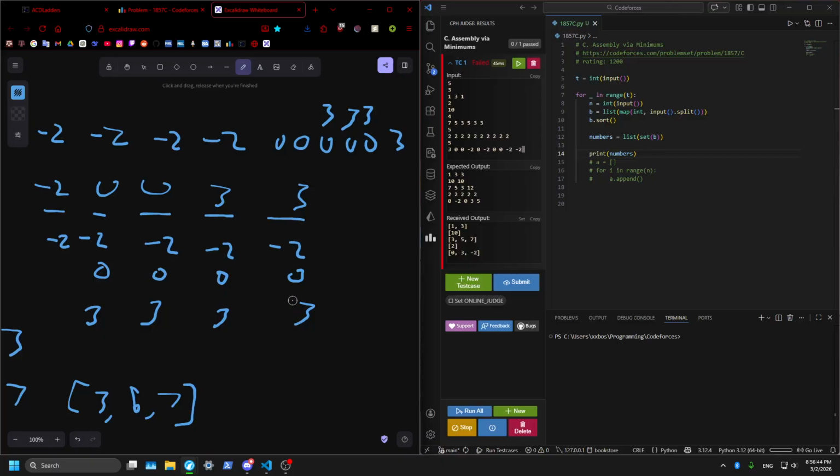Then how do you get 0 at all? You would just run into this, -2, this, or this, this. Okay. 0 is this. It doesn't work. You get 3.